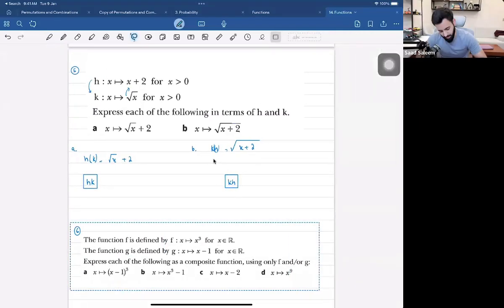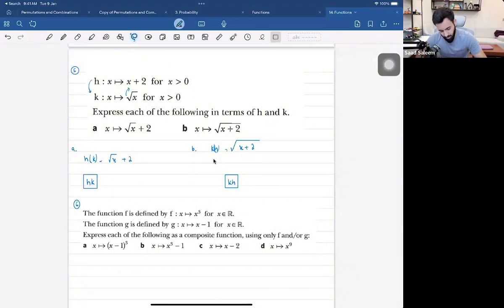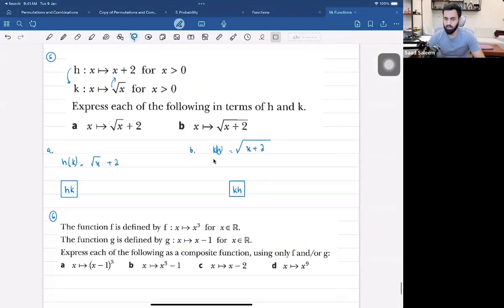Now try question number 6. The first 2 parts are fairly easy.